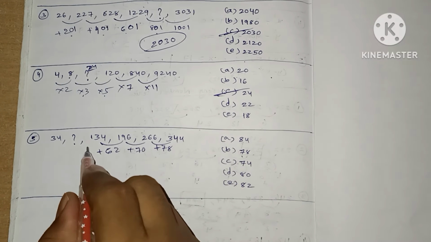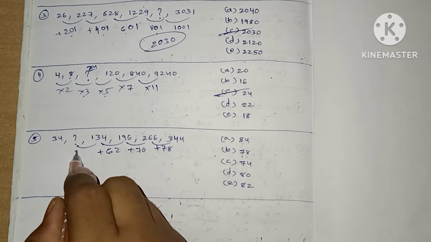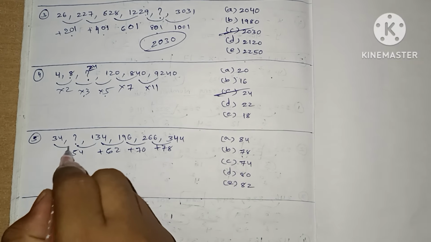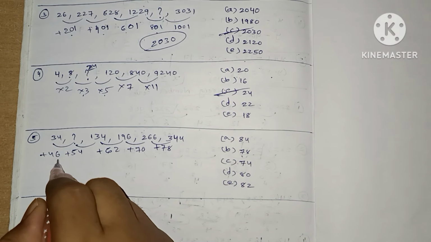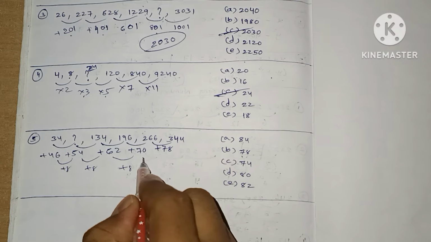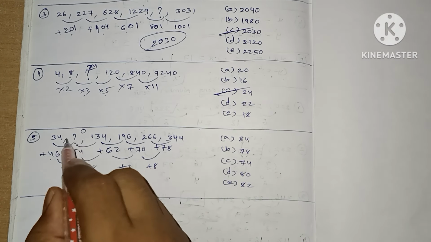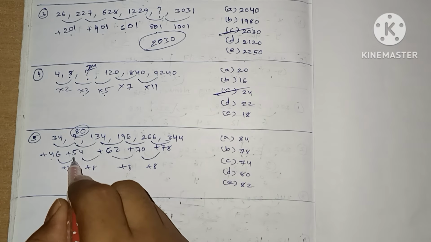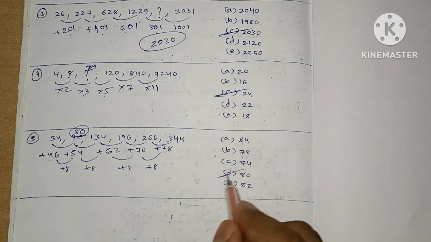So it must be the difference of 8 for this one, which will be 54. And here the difference must be plus 46. Here we get plus 8, plus 8, plus 8. So 34 plus 46 will be 80. 80 plus 54 will be 134. So answer is 80. Option D is our answer.